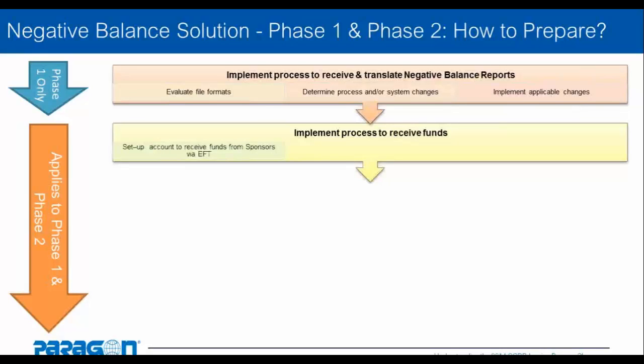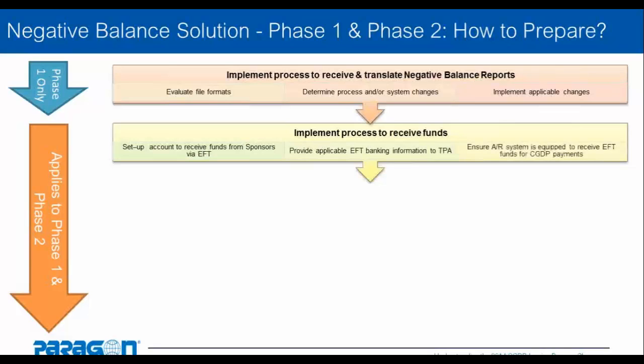For ease of tracking receipt, some manufacturers have chosen to set up new accounts just for the receipt of CGDP negative invoice payments. Secondly, you'll need to provide the applicable EFT banking information to the TPA. The TPA reported in the January 2014 webinar that several manufacturers still have not provided EFT information in order to receive payment for the negative invoices.